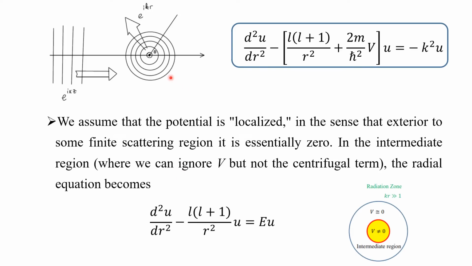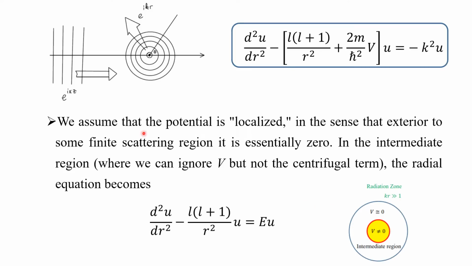Just now, we have seen the solution outside the outer circle, that is in the radiation zone where kr is very much greater than 1. Now we will see the solution at the intermediate range and at the boundary more specifically.